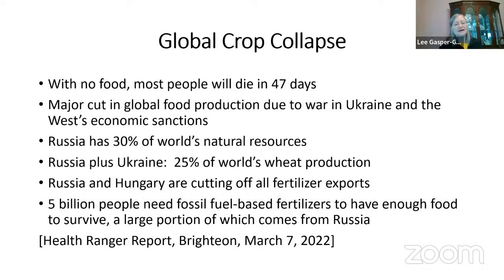Keep in mind that Russia has 30% of the world's natural resources, and that Russia plus Ukraine produces about 25% of the world's wheat crop. Russia and Hungary are cutting off all fertilizer exports, and around 4 or 5 billion people need fossil fuel-based fertilizers to have enough food to survive. And a large portion of this fertilizer comes from Russia.